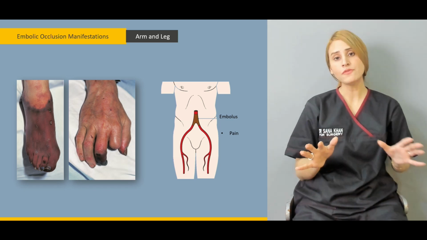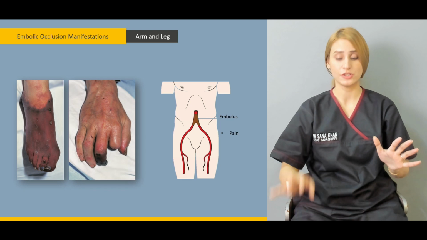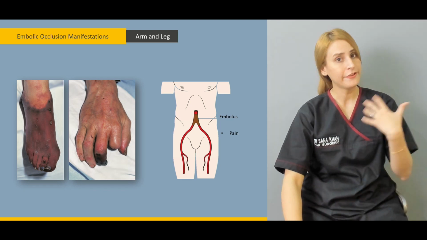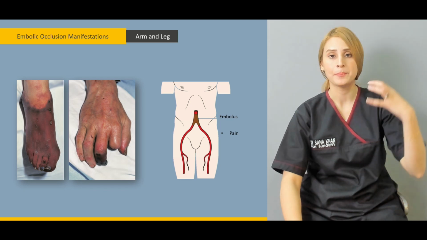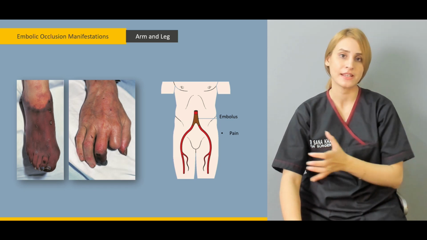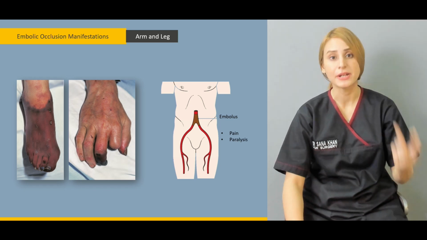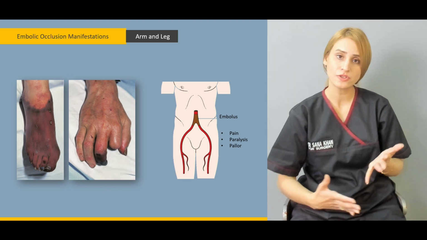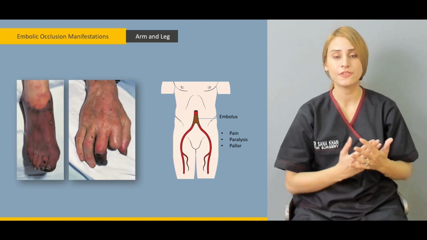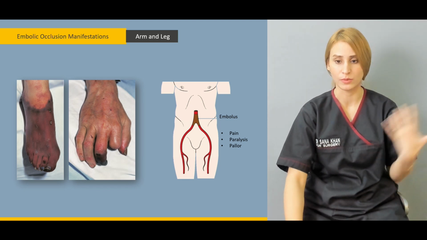Overall, there are 5 P's which are very important if you're suspecting acute arterial occlusion or acute peripheral vascular disease. Pain is the most important, then paralysis, which is both sensory and motor. First the sensory function will go away, and later on the motor function will go away.